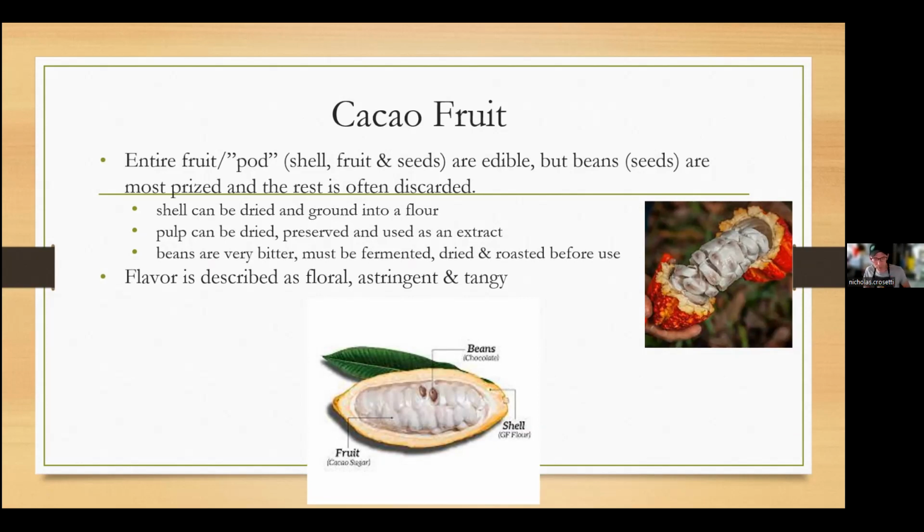The flavor of the fruit, as I heard it described, is very floral, more than fruity, but it has a kind of astringent character to it. I've heard people talk about it like Raid, like ant spray.